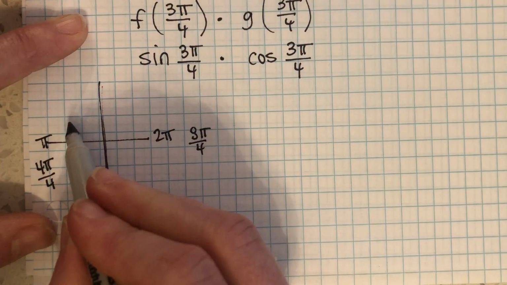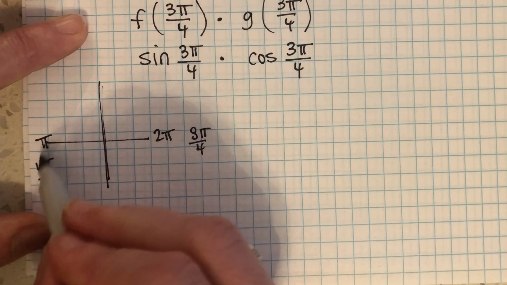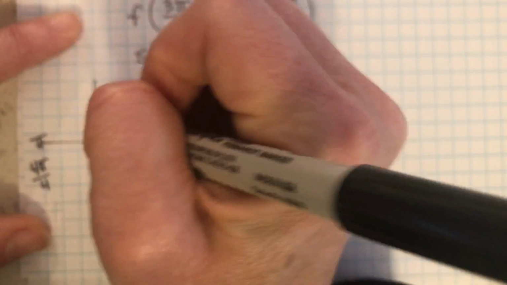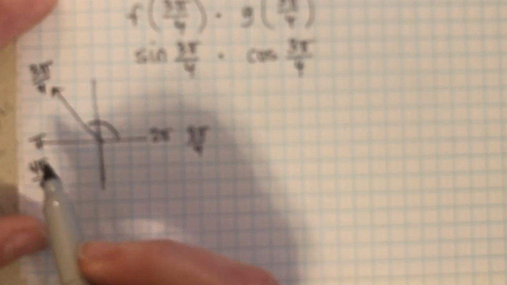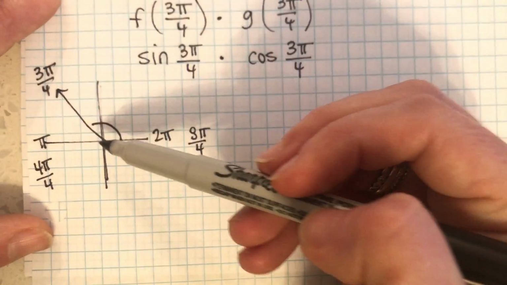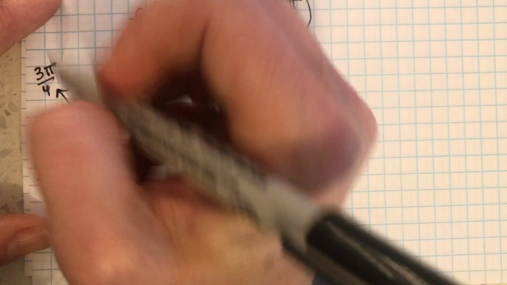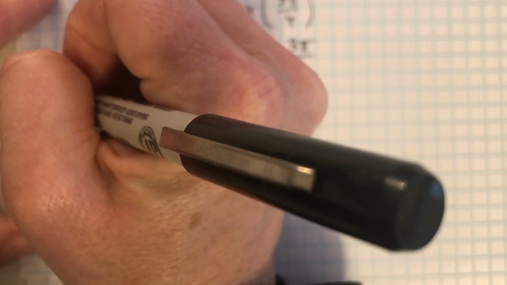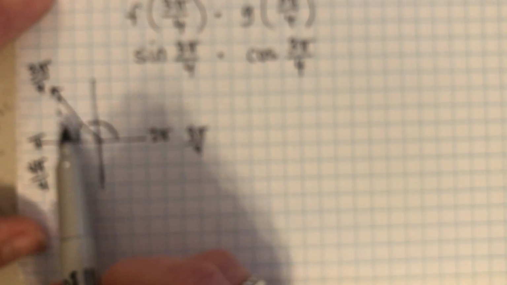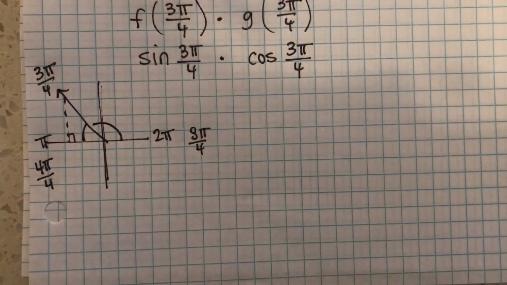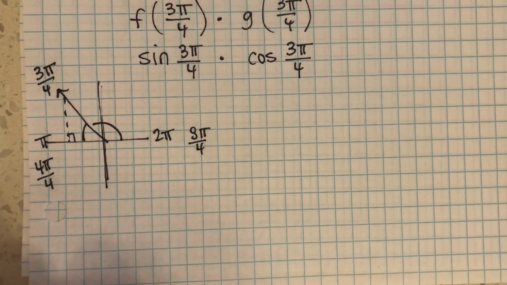So 3 pi over 4 is going to land in the quadrant right before 4 pi over 4. So 3 pi over 4 is right there. So what is your reference angle in between 4 pi over 4 and 3 pi over 4 right here? Because that's actually the angle that's going to fit inside the right triangle. And it's going to be 1 pi over 4.